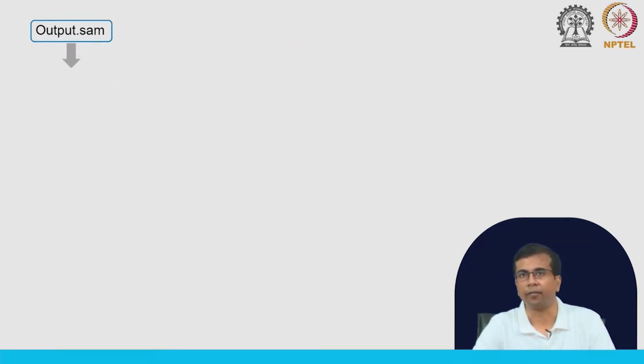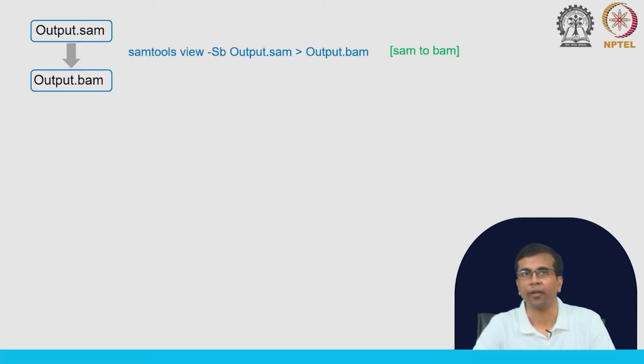Again, just a flow chart of the scheme. We have this output.sam. We use this samtools view command with these options, and the ultimate outcome is we convert this SAM to BAM, and that is why we get this output.bam file. I am mentioning the actual file names that we used, so that you can follow and go back and see the files yourself.